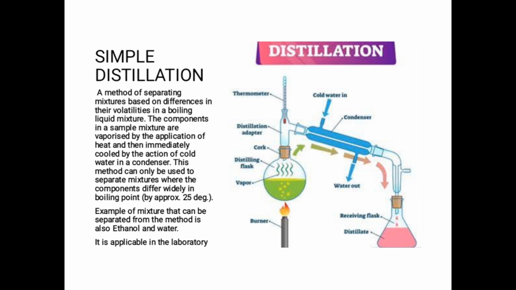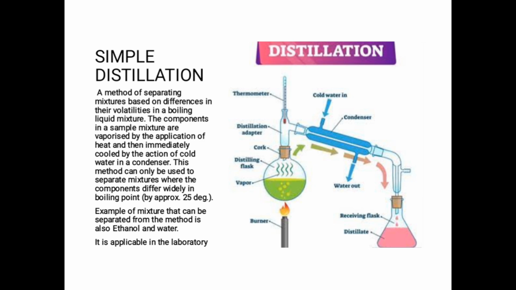In a simple distillation setup, you have your round bottom flask, and you have the mixture in that round bottom flask. It is being heated, and then of course, after being heated, it forms a vapor. Once it forms a vapor, the vapor is made to pass through what is called a Liebig condenser, which condenses the vapor back to liquid.